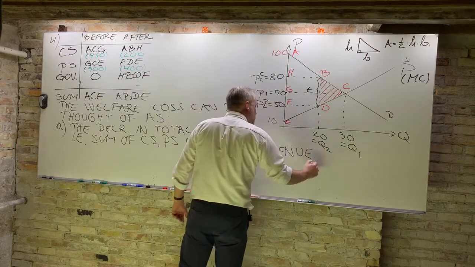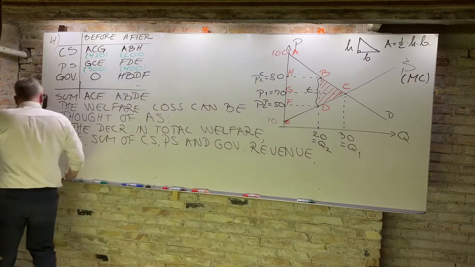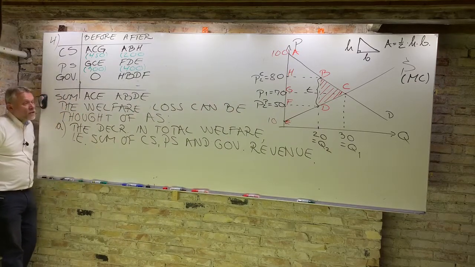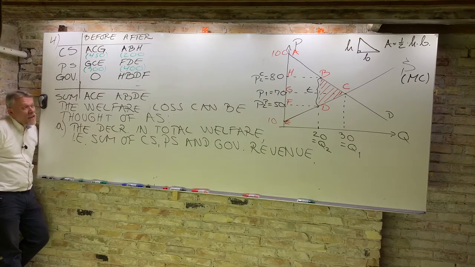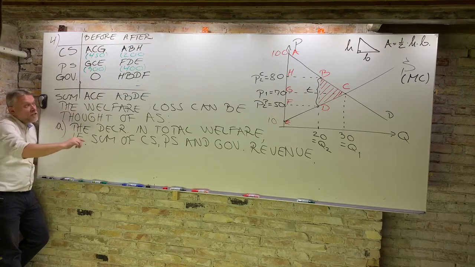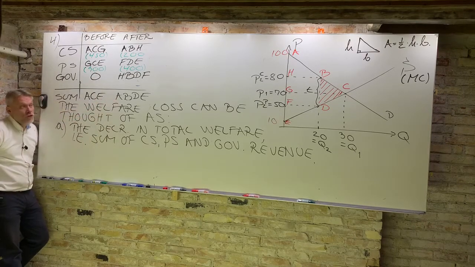That's one way of thinking about it. And that is how we have found it so far, because I said that the area BCG corresponds to the difference between these two.